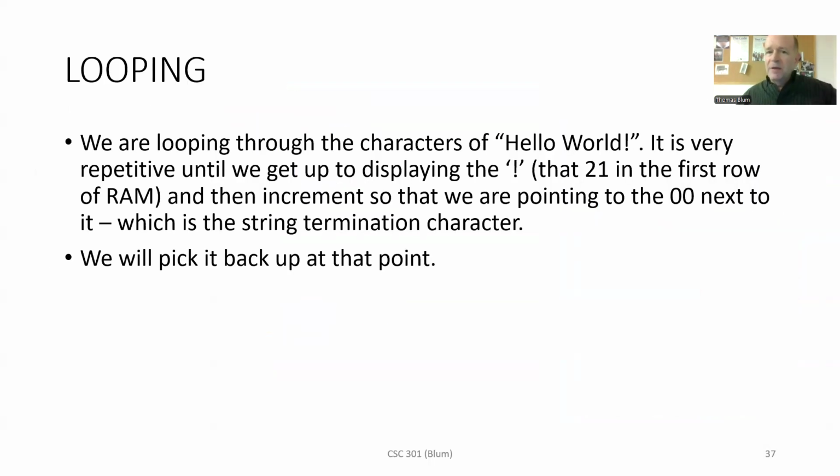It's going to be very repetitive, of course, as loops are, until we've displayed the exclamation point, the last character in the string, and we're now pointing to the 00 that follows the 21.